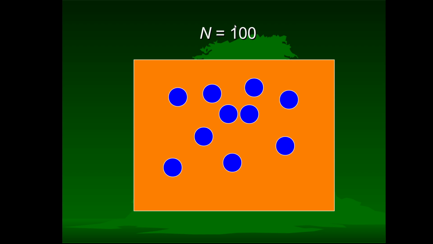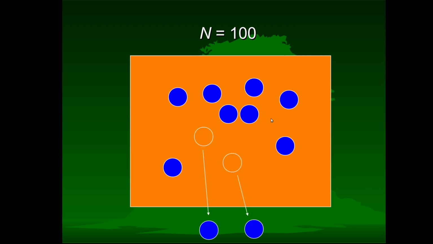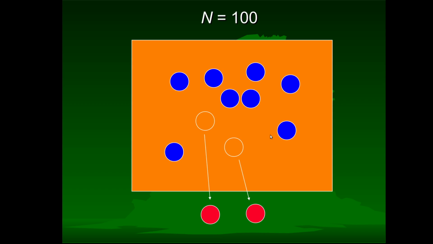Well, we first capture a random subset within some defined spatial area, say 20 individuals, and then we mark all 20. Let's call M the number marked. So M is equal to 20.